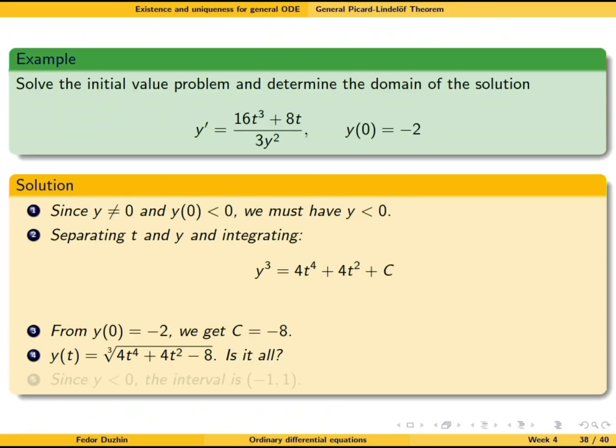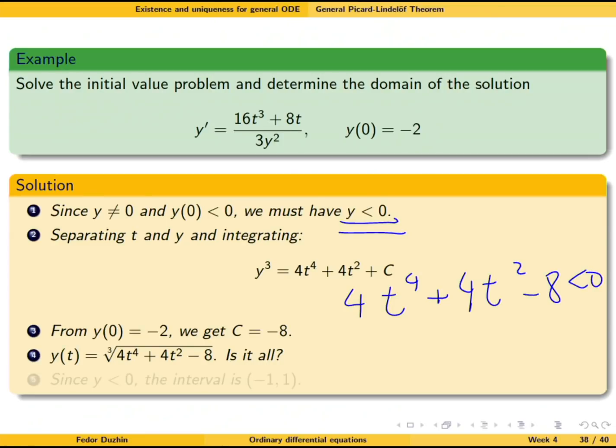But notice that it's not all, because remember that y has to be negative. So which means the cubic root, it preserves the sign of an expression, so which means that 4t to the 4 plus 4t squared minus 8 has to be negative.